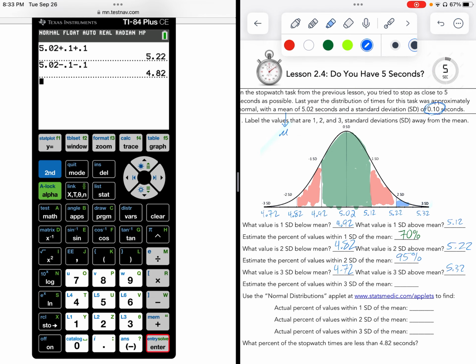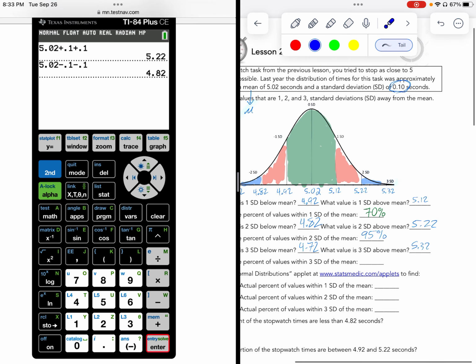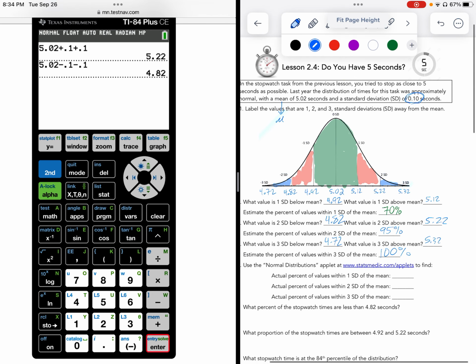So that's these little blue tails down here. It looks to me like that's pretty much covering the entire density curve, so my estimate is 100%. We'll get a little more particular and exact when we use the applet.